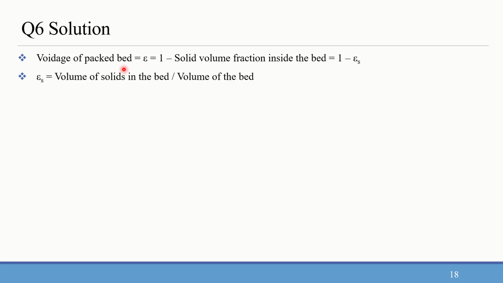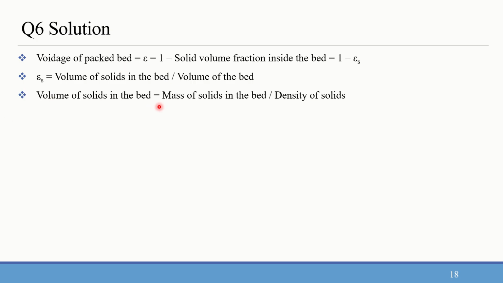So basically we need to know the solid volume fraction inside the bed. So what we are doing, we are calculating the volume fraction of solids. So what is fraction? It is the fraction of that present to the whole quantity. So volume of solids inside the bed to the whole volume of the bed. So that gives us epsilon s.